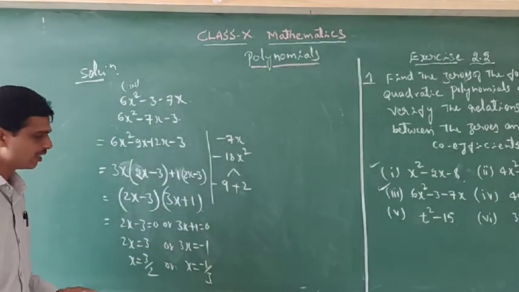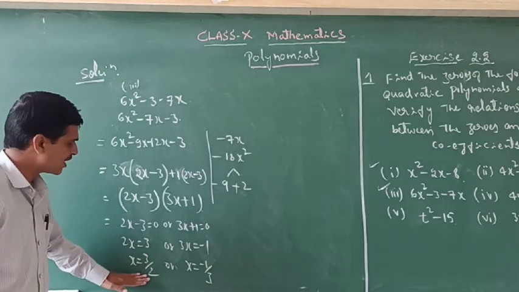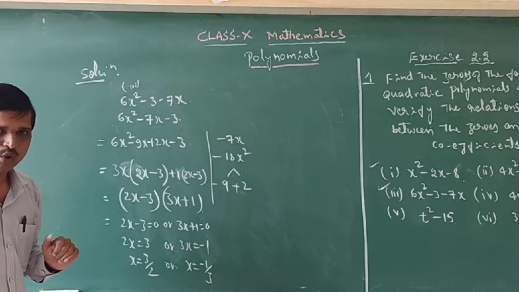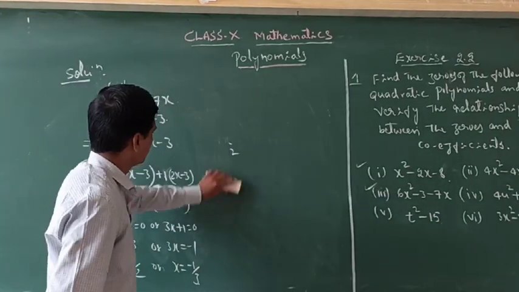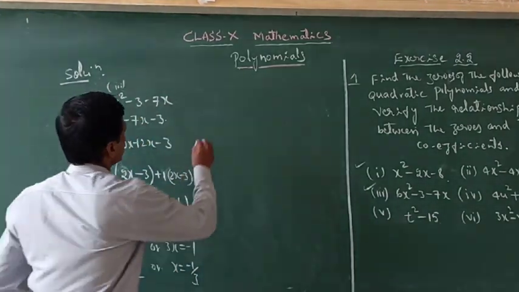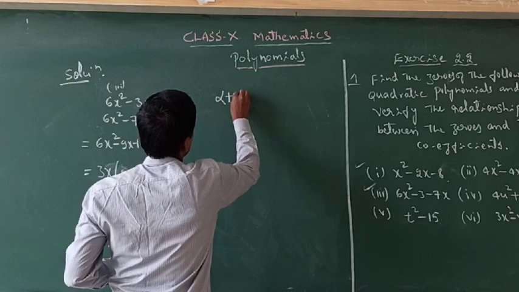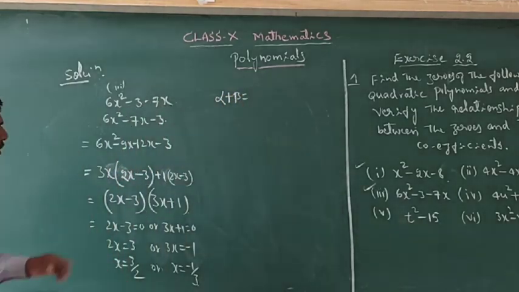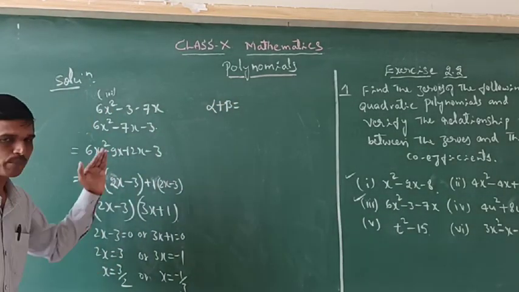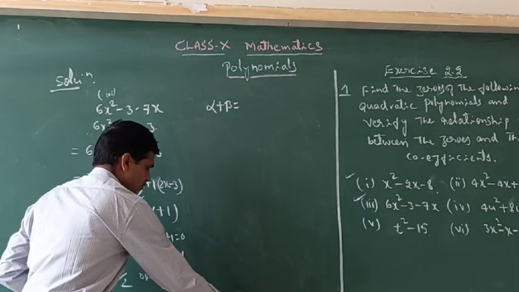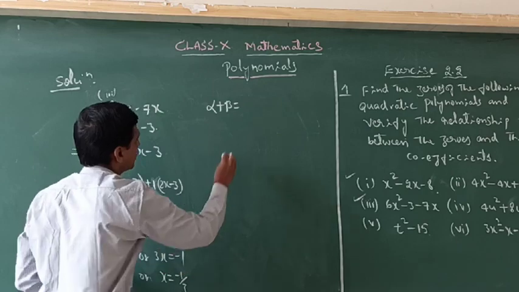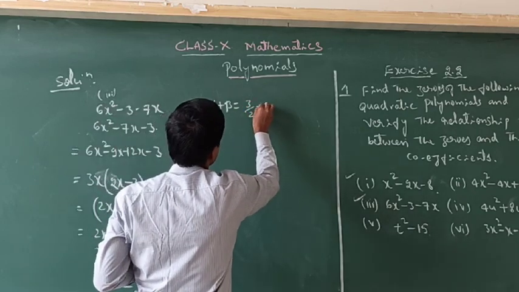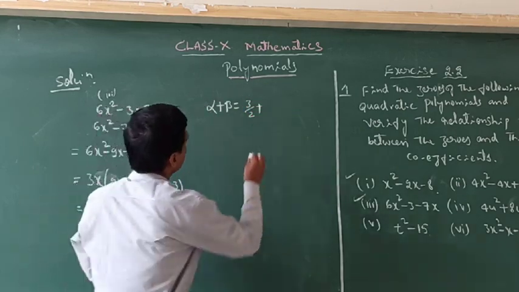So now I correlate these values to the coefficients. How do I correlate? Look over here, the sum. The sum means alpha plus beta, you know the sum of the two numbers and the product of the two numbers. So now alpha plus beta, what are the numbers over here? 3 by 2 plus minus 1 by 3.